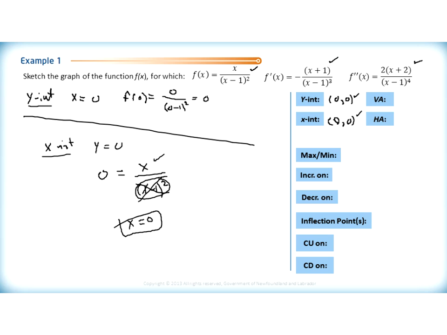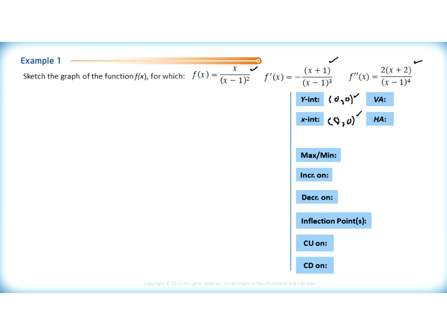Now, let's go after some stuff that deals with the first derivative. We've got to find, oh, sorry, I forgot about my asymptotes. Righto, so let's get those asymptotes worked out. Vertical asymptotes, how do we find those? If you remember from a previous unit, we look at the original function f of x, and we determine places where the function is undefined.